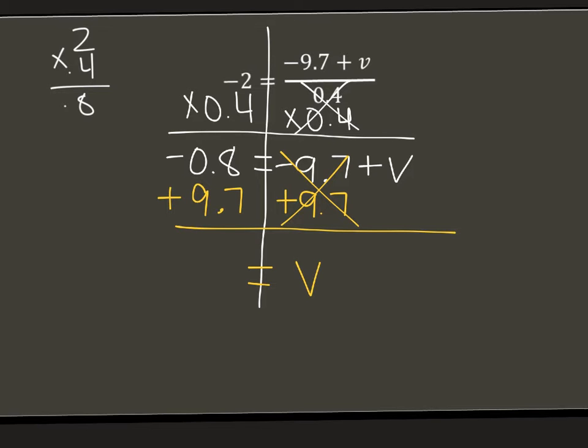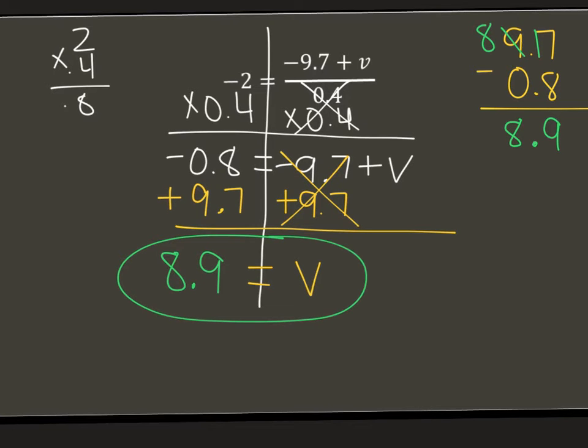So we need to do 9.7 minus 0.8. Well, can't do 7 minus 8. I need to borrow. Make it a 17. 17 minus 8 is 9. 8 minus 0 is 8. Drop my decimal. So V equals 8.9, and that is a positive because my bigger number when I did that subtraction was 9.7. So V equals positive 8.9 here.